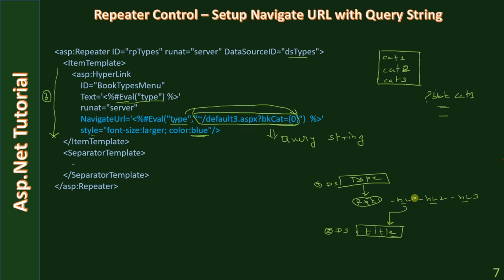The second data source will know the book type selected by the user as part of the query string. This is the category, right? So it filters out the data. If this is the complete list, based on the book type it will filter the data. So this filtering condition is coming through this query string.